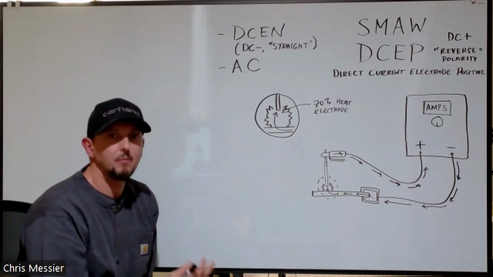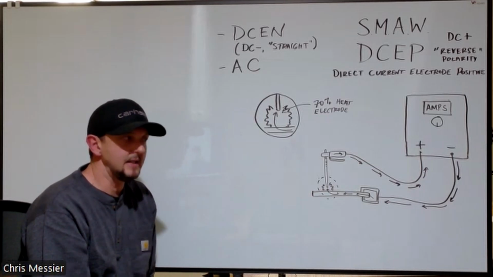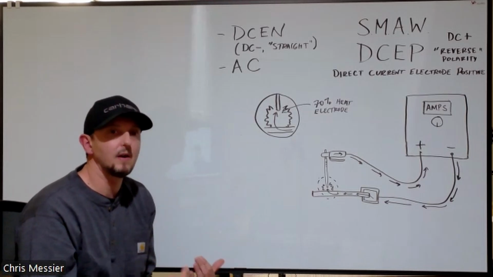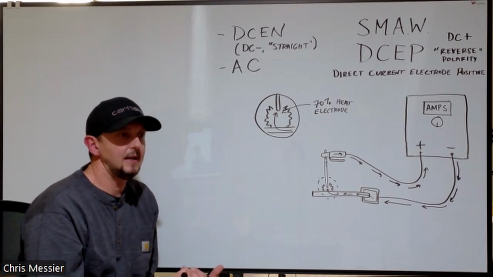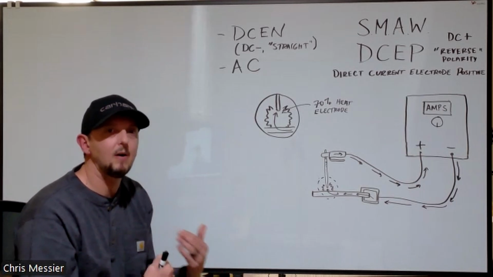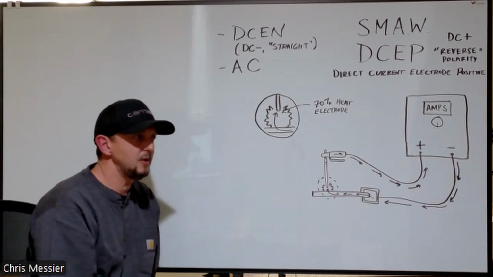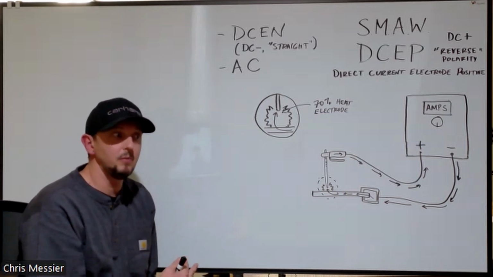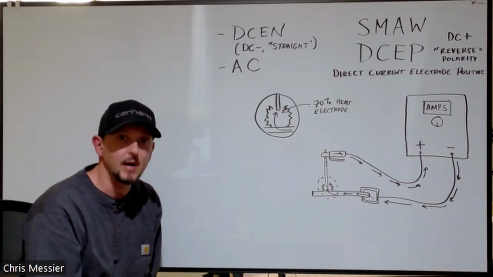And this is a really important concept for you to understand because it has a lot to do with telling us where our heat will be focused in our welding process and just overall how our welding circuit actually works. You'd be surprised how many people that you'll come across in industry who may not even know what polarity they're using with any given process.